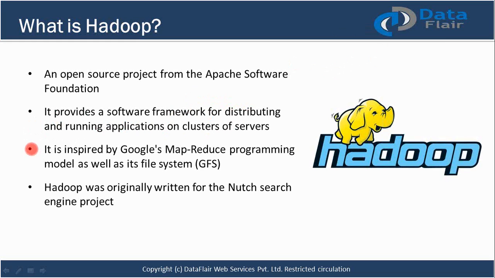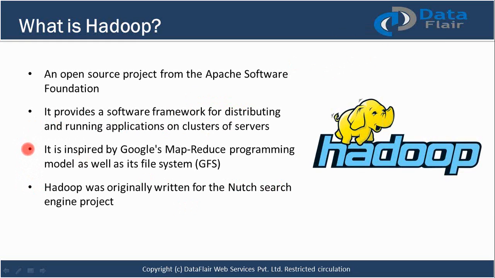So guys, Hadoop is inspired by Google's MapReduce programming model and its file system. We are all aware that Google is the mother of all innovation, the mother of all invention. When Doug Cutting and his team were working on the Nutch search engine at Apache, they had a requirement for a distributed storage and processing framework, pretty much similar to what Google had written in a paper.